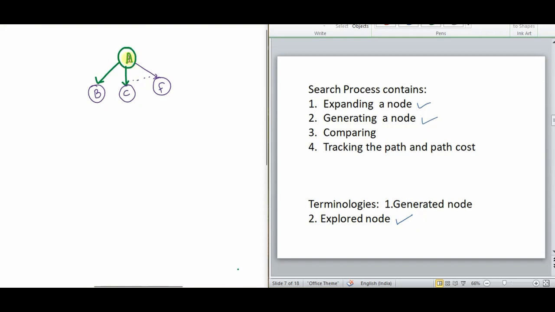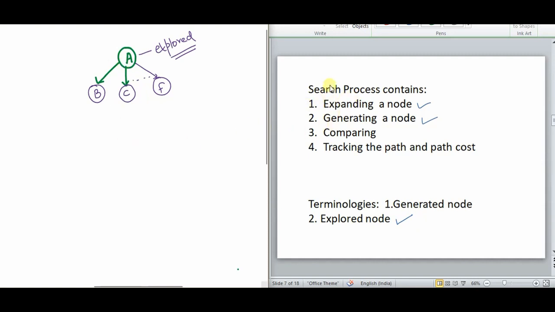That means A cannot be expanded further, and at that time we say that node A is already explored. So when do you say a node is already explored? When all the child nodes of that parent node A are already generated and there is no more node remaining to be generated. There is no other child left to be explored.